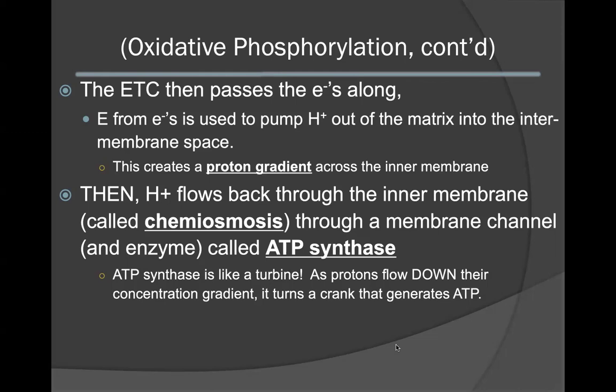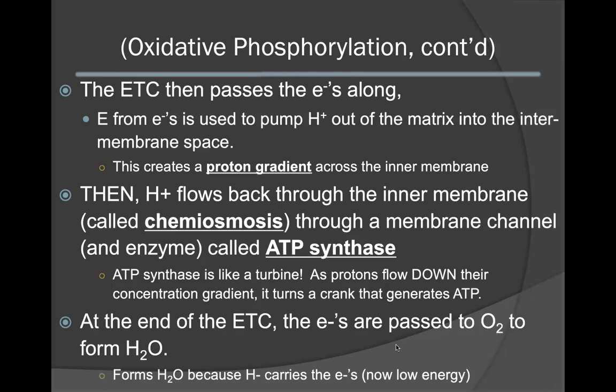As those protons flow back through passively, it is going to harness that energy and use it to form ATP molecules. This ATP synthase works much like a turbine. So as the protons flow, the bottom part of the enzyme will be able to move and turn like a crank. And eventually, once you get 3 of the protons coming through, there's enough energy in that turn to then be used to form an ATP molecule.